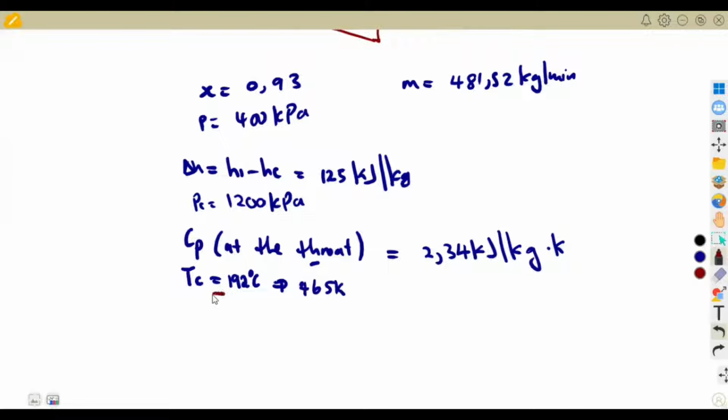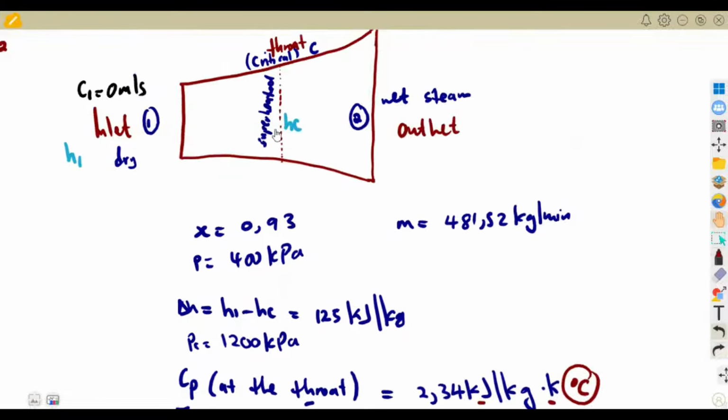But it's going to depend on where you are going to use this temperature in Kelvins. If we are to consider the specific heat capacity here, we are supposed to have this as per kilogram degrees Celsius, not per Kelvin. Because when we use the specific heat capacity, this temperature at the throat is the temperature corresponding to when our steam is being superheated. Guys, remember what we said: at the throat the steam is superheated there.